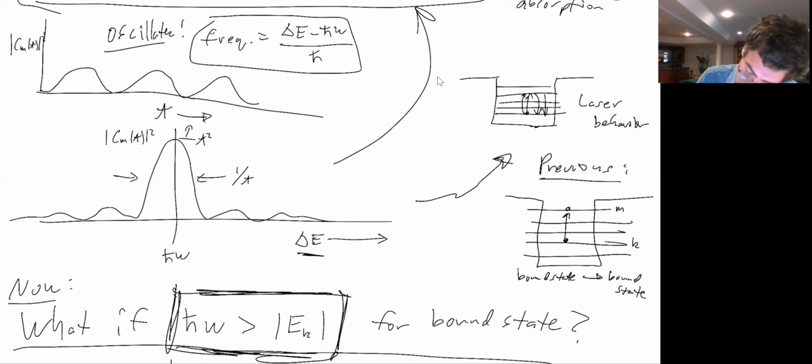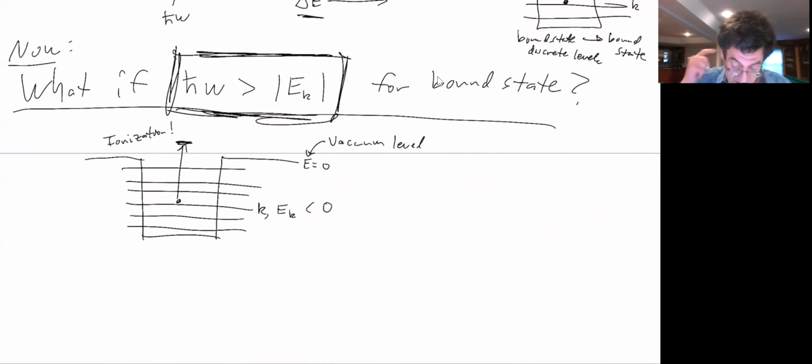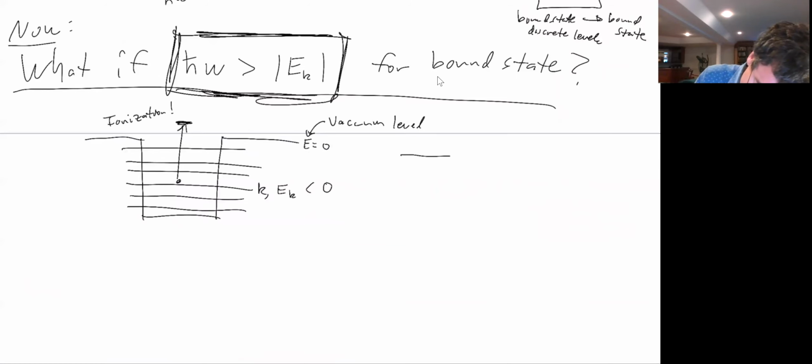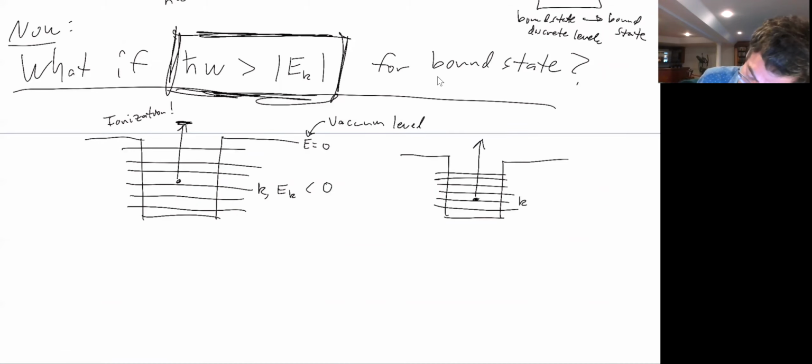Discrete, and these are just both discrete levels. But now the new case is we're doing this. We have all these bound states here, and we're in this initial state K, but now we're going from the bound state to this continuum state.